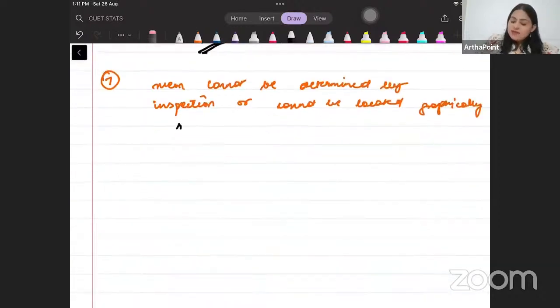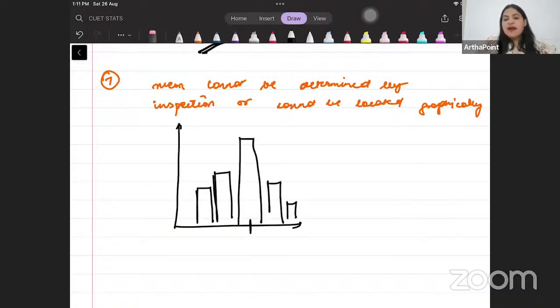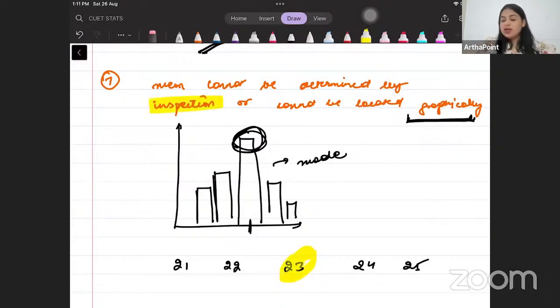It means that beta, if I make a histogram, then I can clearly check which value has the highest frequency, and that will be my mode. So just by looking graphically, I can tell you my mode. Just by looking at the data, 20, 22, 23, 24, 25, I can tell you what the mid value is. The third value is the mid value. So just by inspecting the data, I can tell you the median.